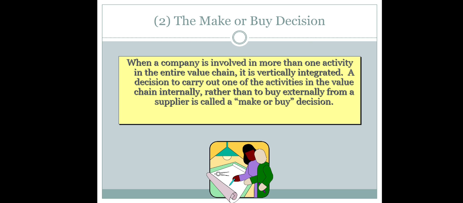So the thing is like this. Let's say you have a business, and your business produces something. When the business produces the product, it has to use direct material or components. The business has two choices.